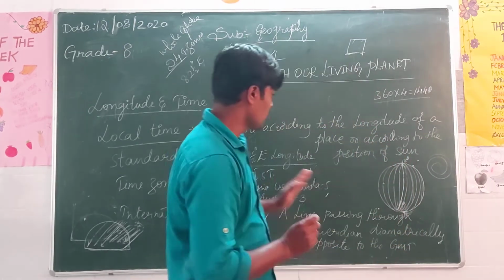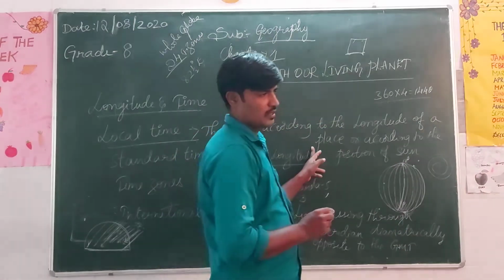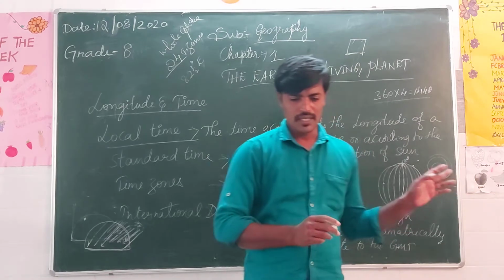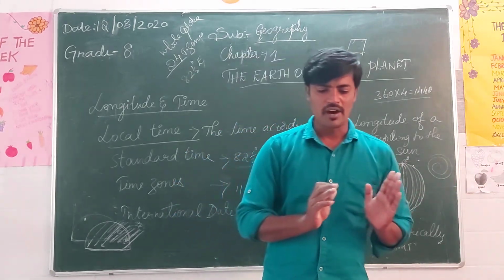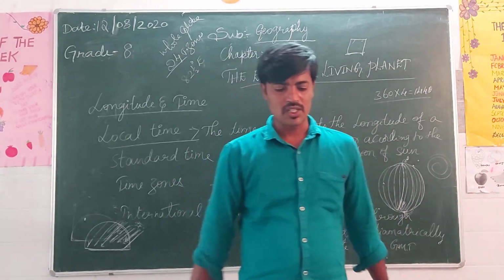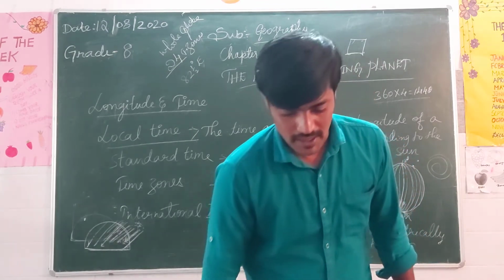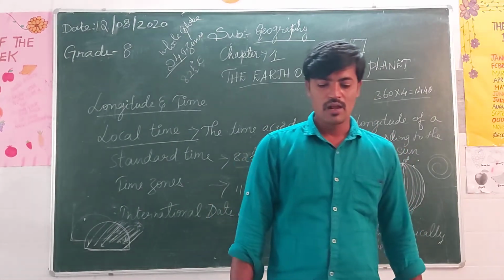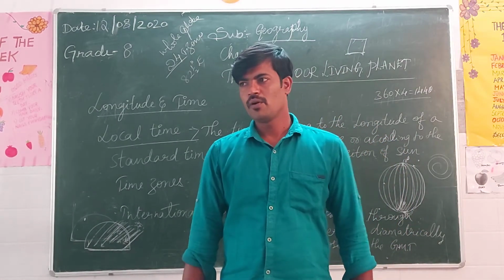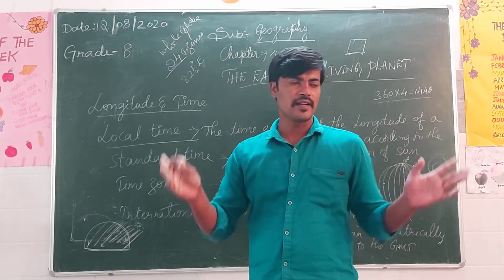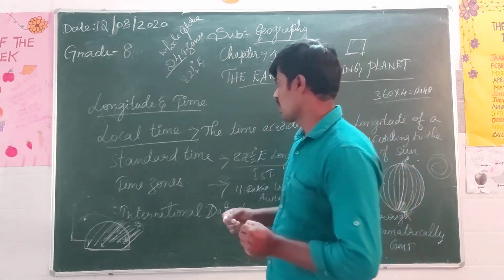Okay, so that is based on that they fix the time. For example, time based on the longitude of a place, or according to the position of the sun at the place, is known as the local time. Because it is not an entire country's time, it is a local time.